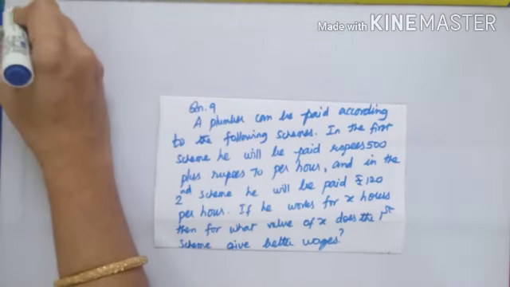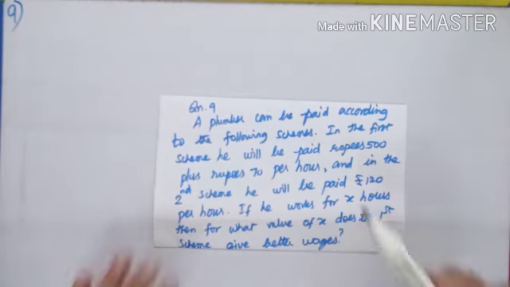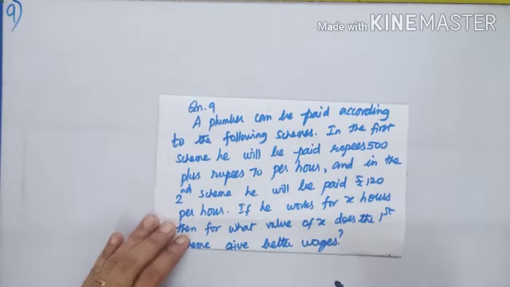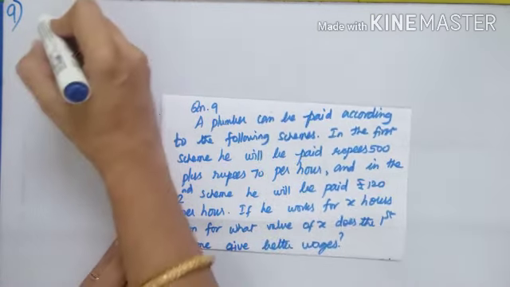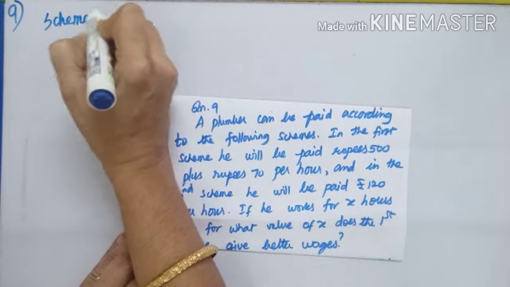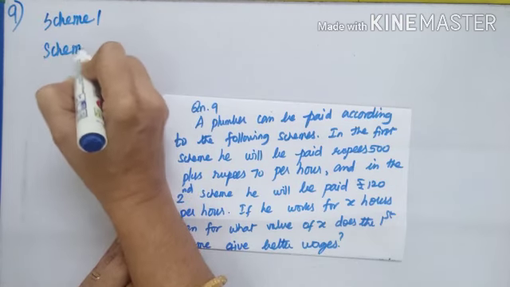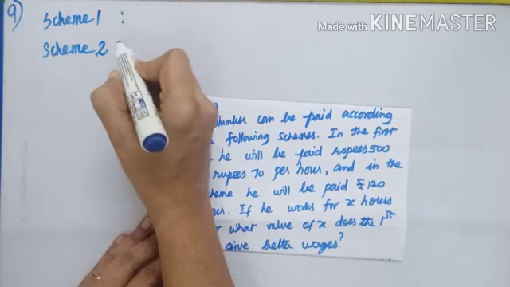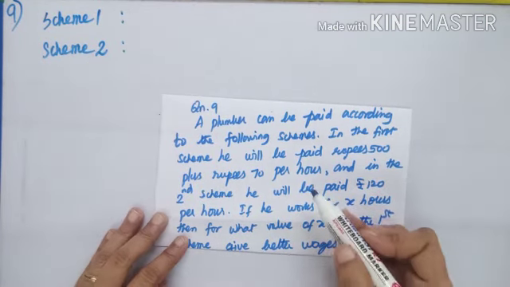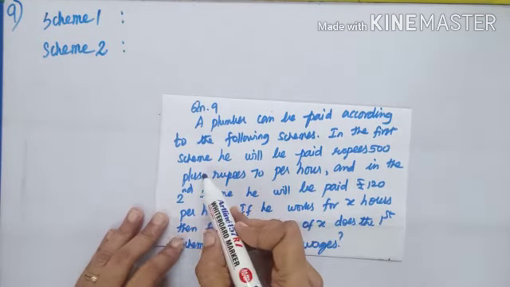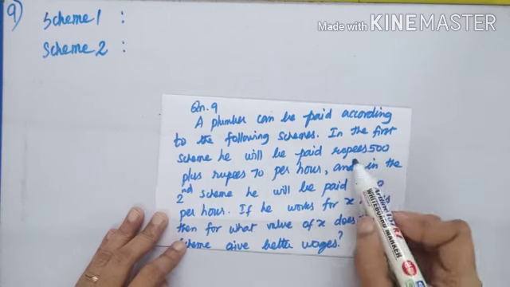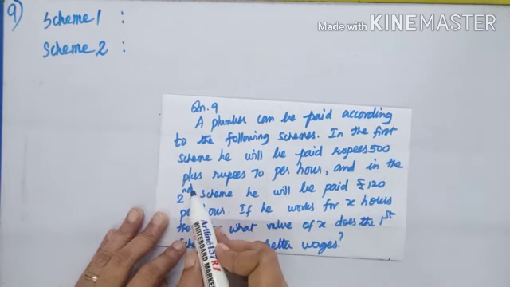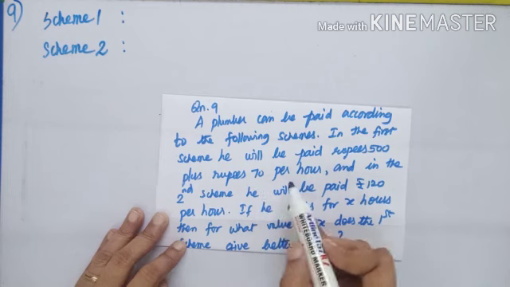Question number 9. A plumber can be paid in 2 schemes. So what is scheme number 1 and what is scheme number 2? As we read, let us write it. First scheme, he will be paid rupees 500 plus rupees 70 per hour.